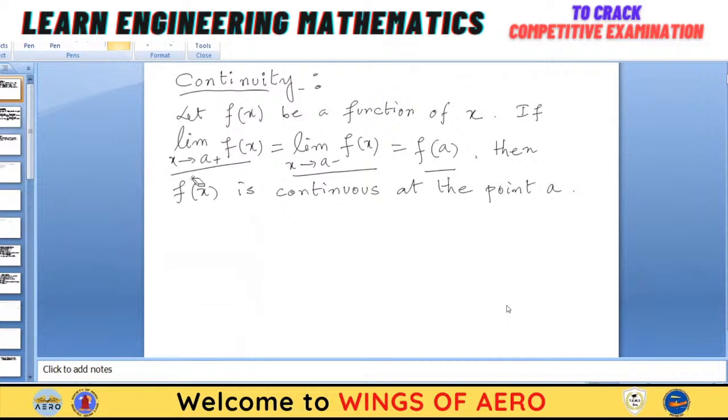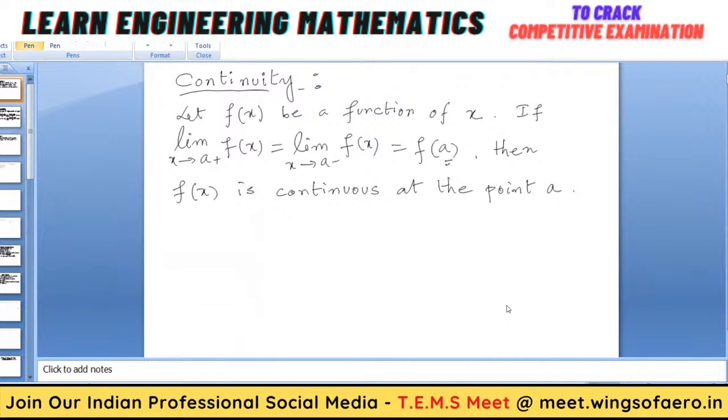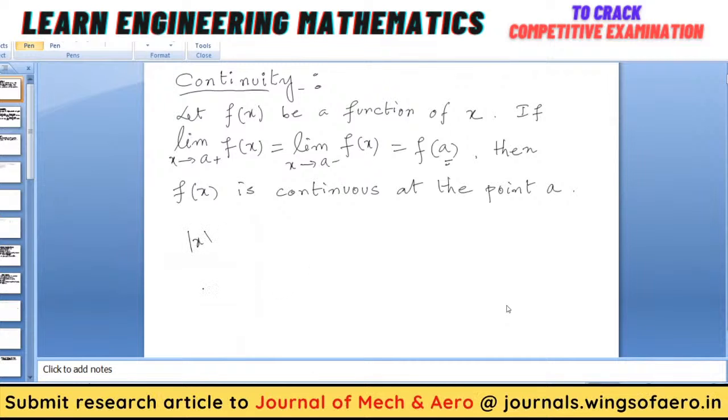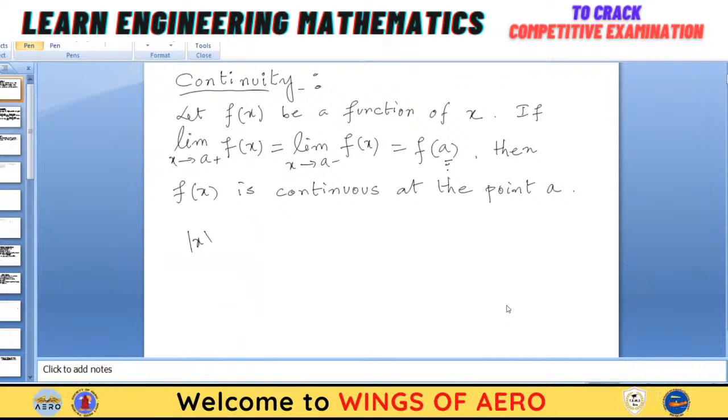If these three values are equal, then we can say that yes, the function is continuous at the point a. Okay, and we have already discussed the continuity of the mod of x function. So a function is continuous if the left hand and right hand limits are equal, and equal to the functional value at that point.